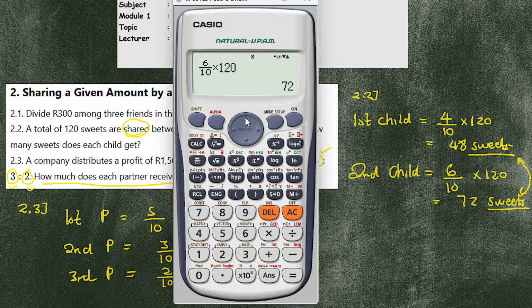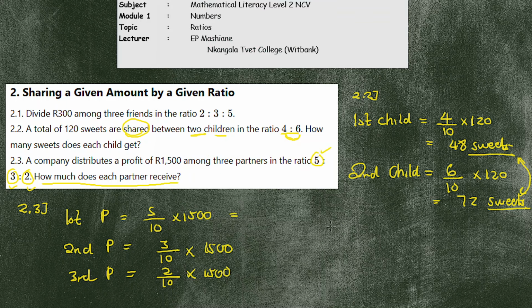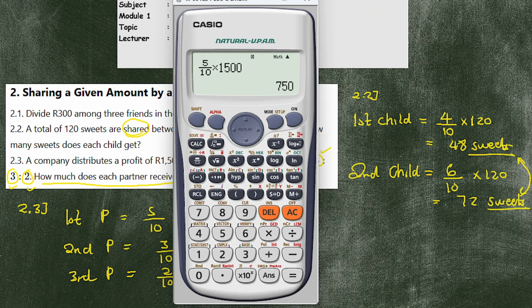Okay, yeah, that's 5, 1,500. So I'm getting a 750 as the first share. 750 divided by 3. Okay, now it's gonna be a 3 here.